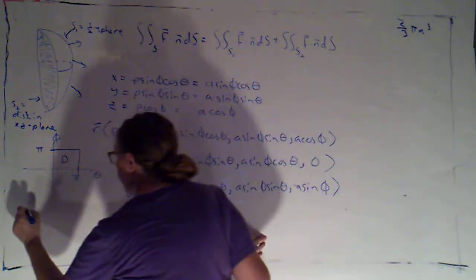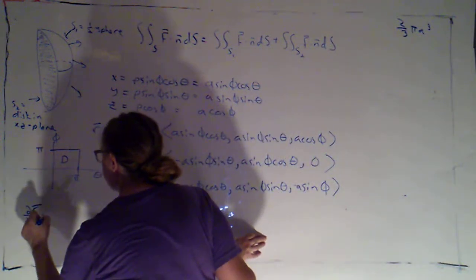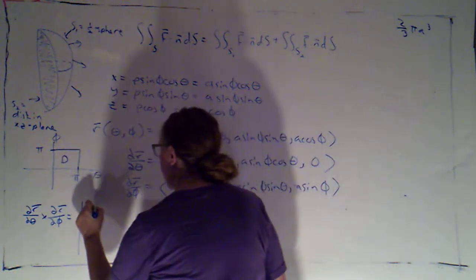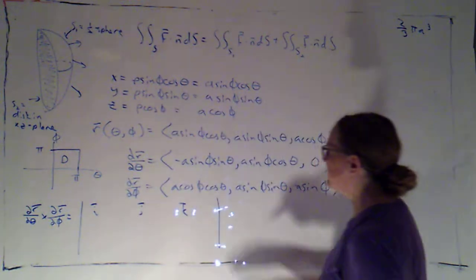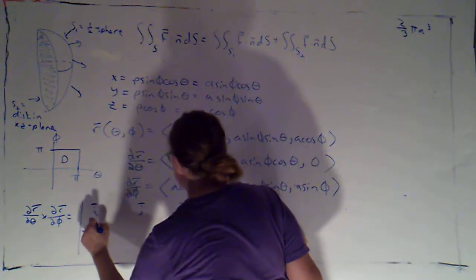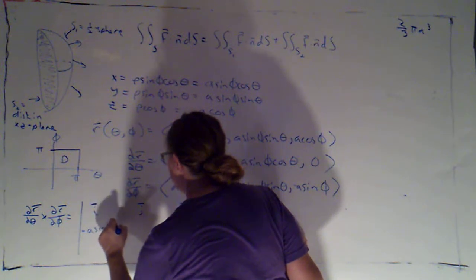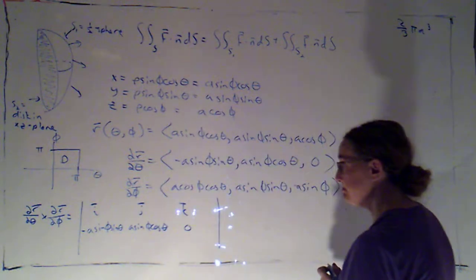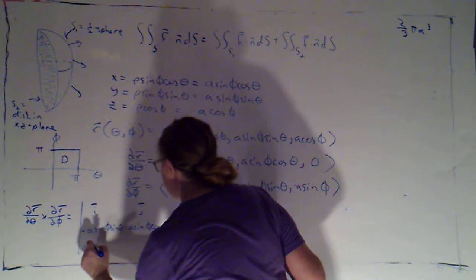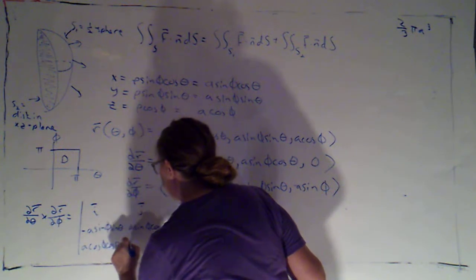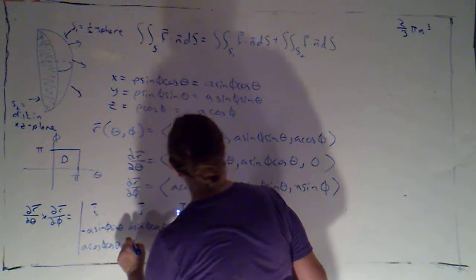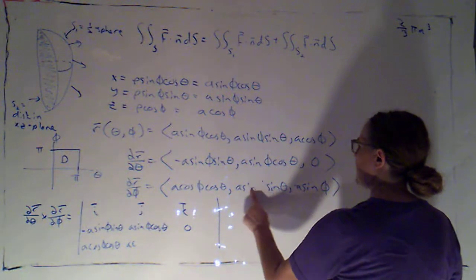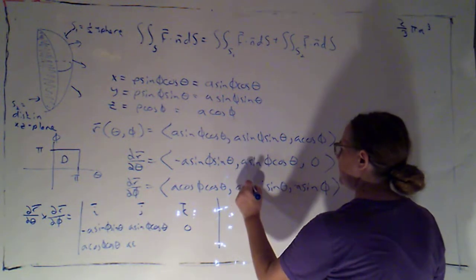So if I take the cross product, del r del theta crossed with del r del phi, that's my symbolic determinant, i, j, k. I'm going to put this in the next row, negative A sine phi sine theta, A sine phi cosine theta, 0. And then this is the third row, A cosine phi cosine theta, A, sorry, I wrote that wrong. That should have been a cosine of phi.